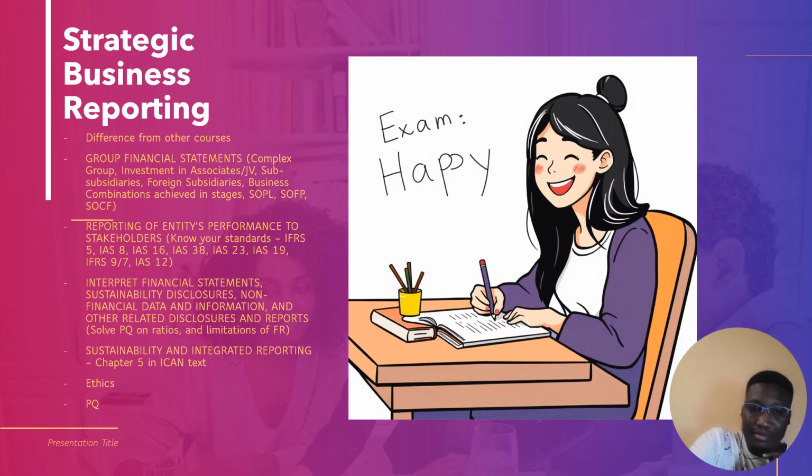You can correct me if I'm wrong. IAS 19, employee benefits. IFRS 9 and 7, that should be the one on financial assets and the disclosure. IAS 12, that should be income tax. So you can just check this out.